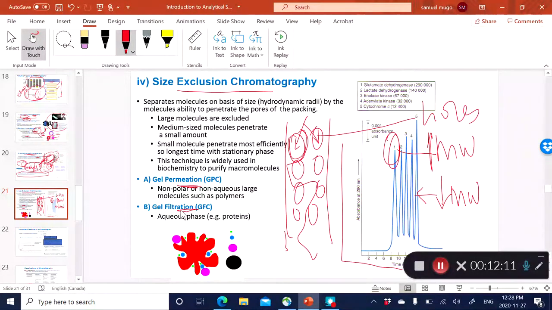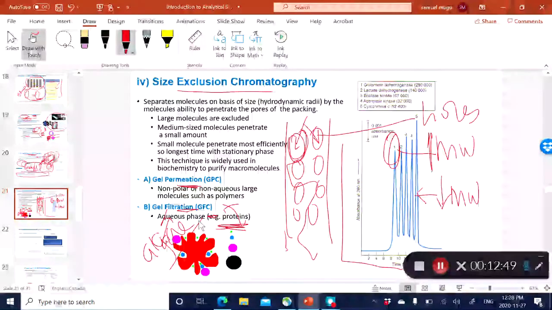Whereas with gel filtration, the beads are often very hydrophilic, and so they can be used to separate things like proteins. So often you're going to see things like alginate gels, or even things like microcellulose, which are used a lot with the GFC. Whereas with the GPC, the non-polar types of beads that are often used are plastics such as polystyrene and so on, but at least these beads should have holes in them.